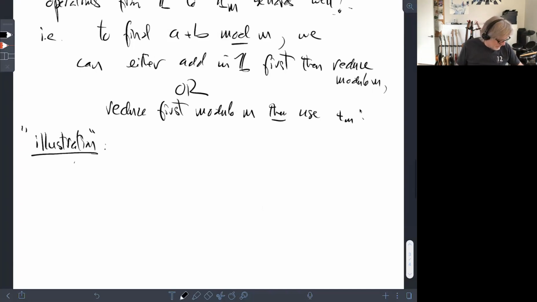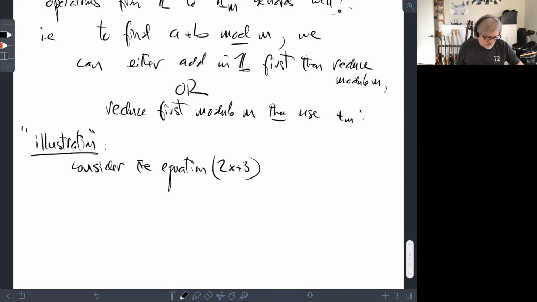So consider the following equation: 2x plus 3 times 4yz minus 5 plus 6xy equals 0.